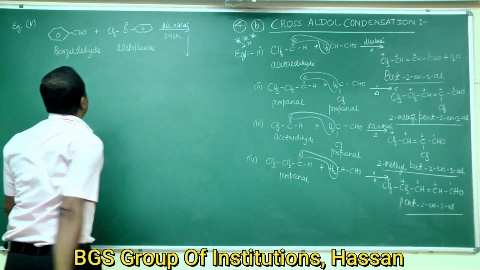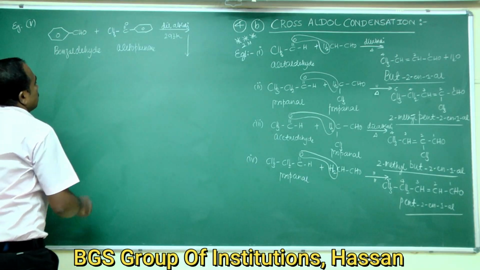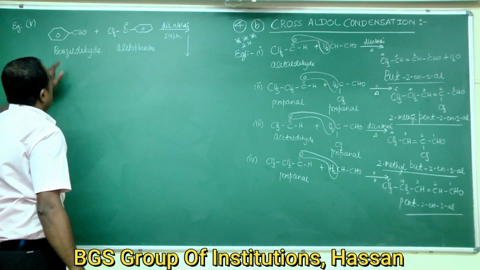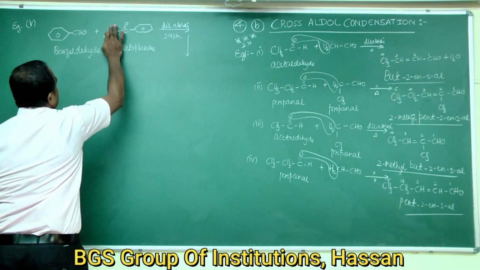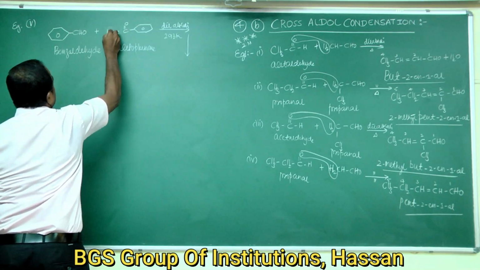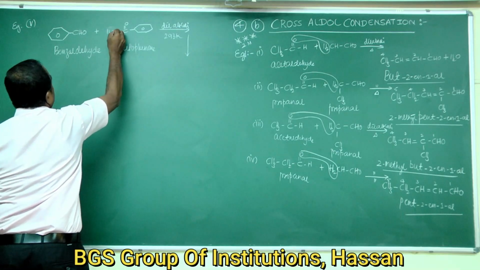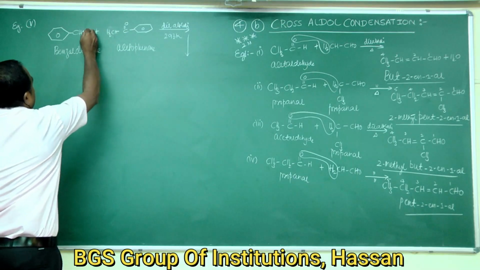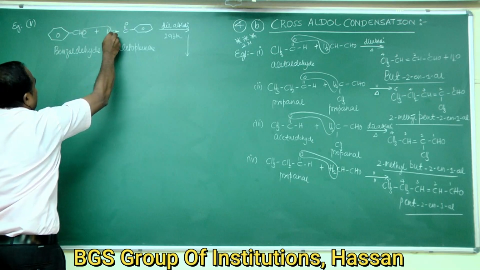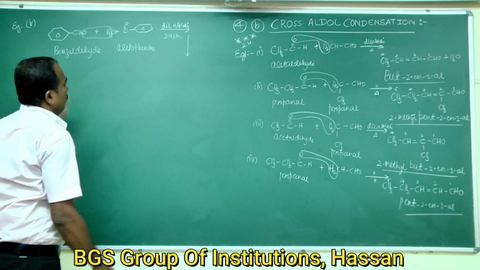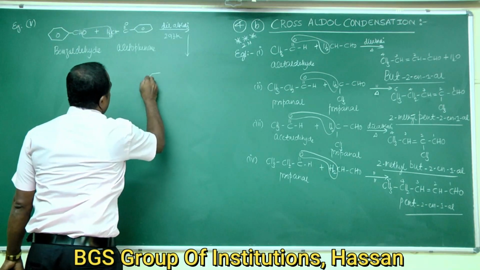So the product formed is here. Elimination of water molecule takes place. You can write this like this: CH2, CH. So elimination of water molecule will take place to form the cross aldol.